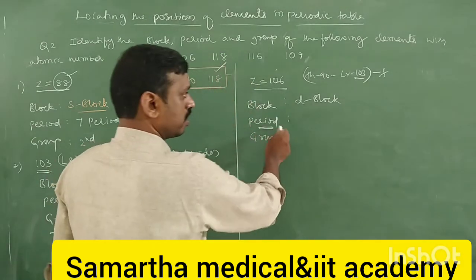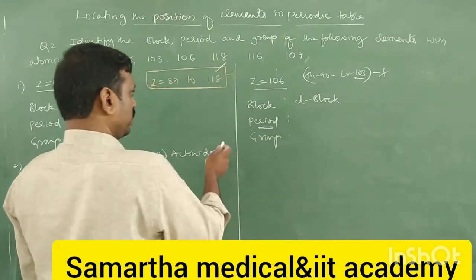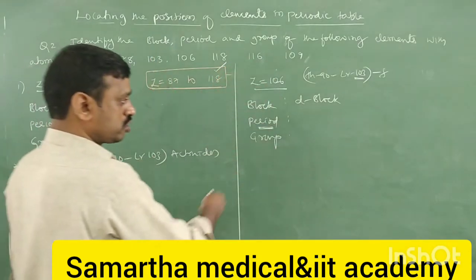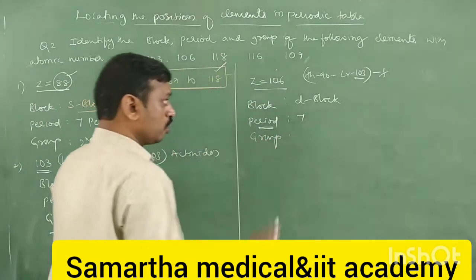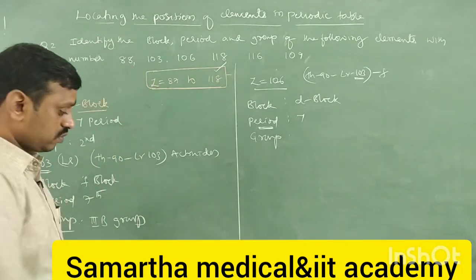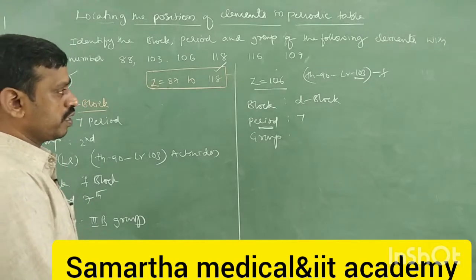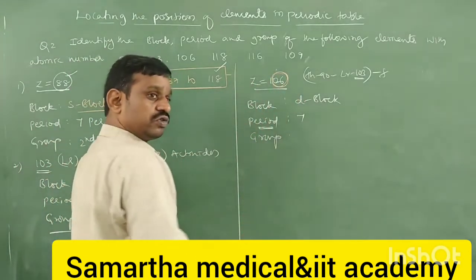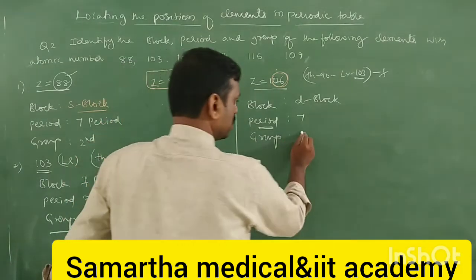Next, period. Just now we have studied that the elements after 87 and above all belong to the 7th period. And groups, tell me how to identify the group number. To identify the group number, you see the last 2 digits: 06. So it is the 6th group.